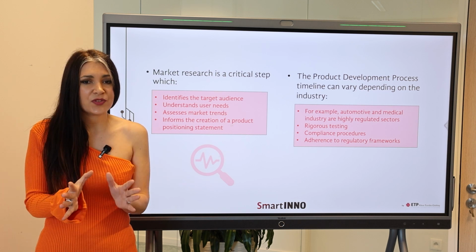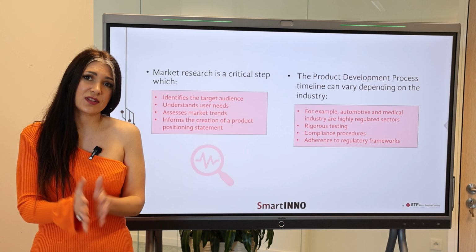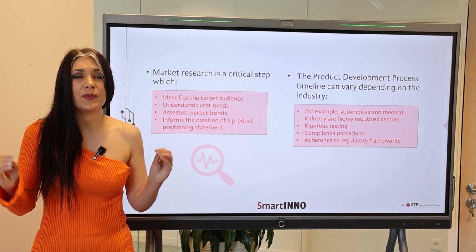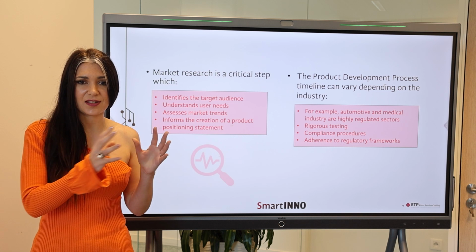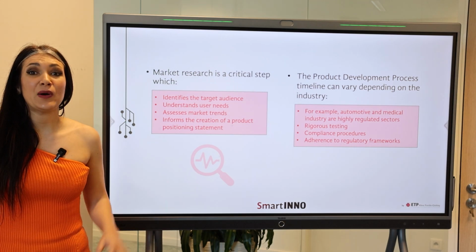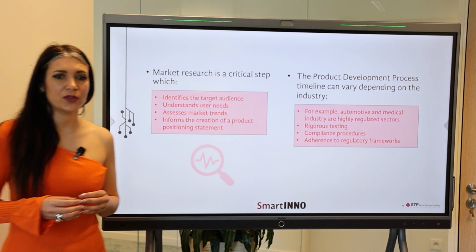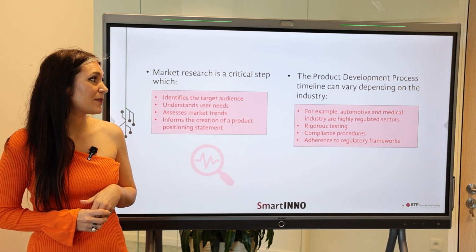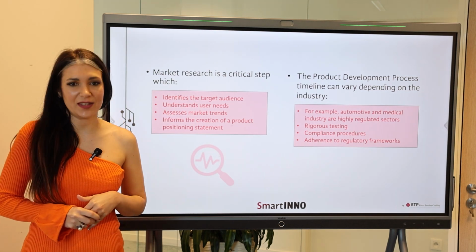And we have to mention here that normally products that succeed, especially in wearables, are complete products, not just a part of it. And now we're going to talk about one of the main keys, which is the product development process timeline, which can vary depending on the industry.